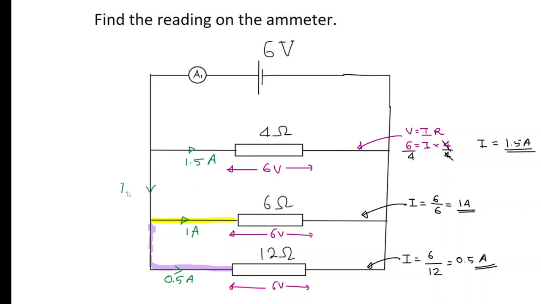So that must be 1.5 amps. So you can see this one here is 1.5 amps, and this one here is also 1.5 amps. Obviously, the current in the branch above it must be the sum of these two. So that will be 3 amps. So the reading of the ammeter here is 3 amps. That's the final answer to this question.